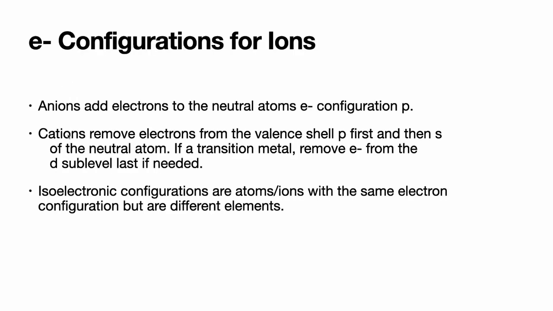So what we would do is put argon in brackets. So this is for chromium. We put argon in brackets, and what that does is it takes care of all of the electrons through argon, so we don't have to write it. What comes after argon? 4s.